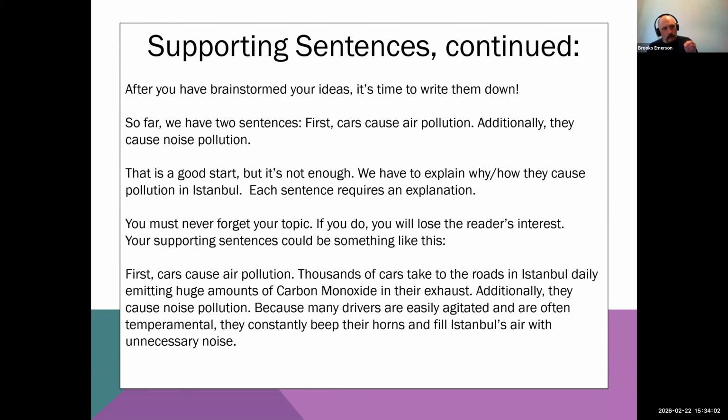So you don't have to go too deep when you're writing a paragraph. This just gives enough information: I said cars cause air pollution, and this is how they cause air pollution. I've used higher level vocabulary like emitting and the expression take to the roads. So this is where, as I said, you can shine with your vocabulary and your sentence structure.